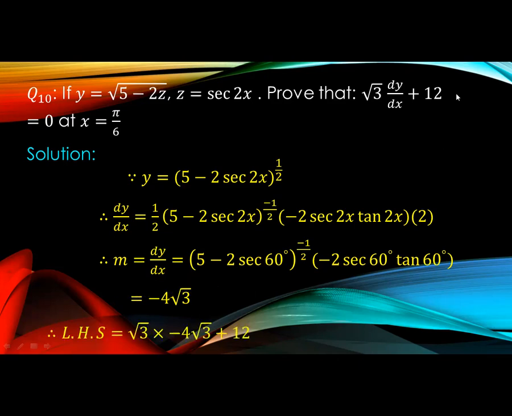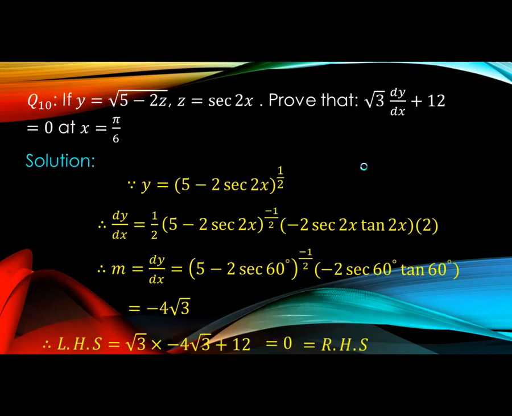Substitute this value in the left hand side of the equation, that is equal to root 3 multiplied by dy by dx, its value is negative 4 root 3 plus 12, that is equal to root 3 times root 3, which is 3, times negative 4 is negative 12, plus 12 equals 0. It is the value of the right hand side.